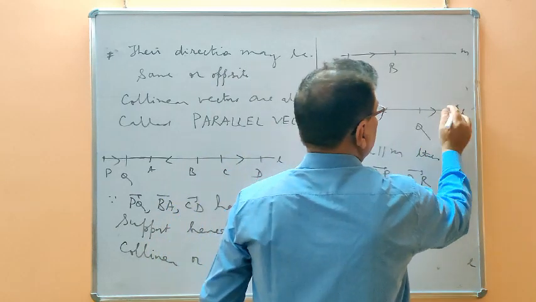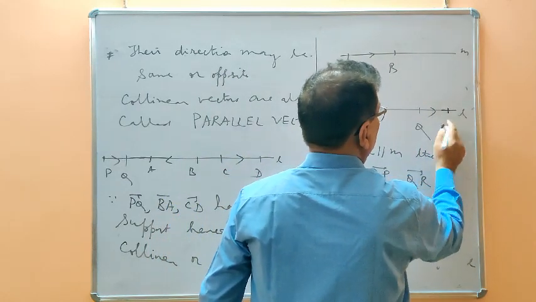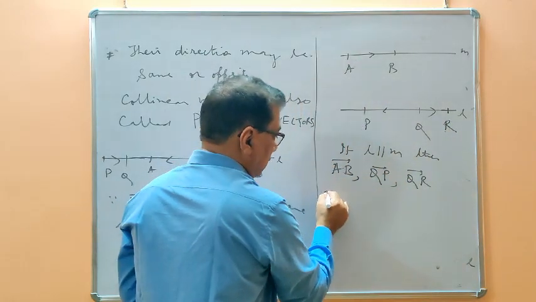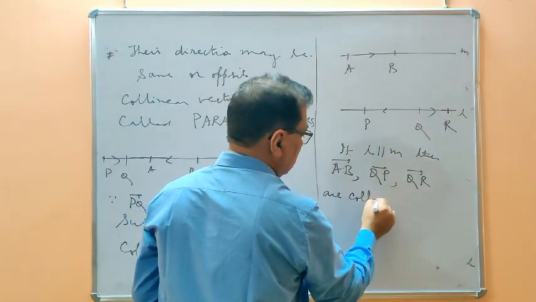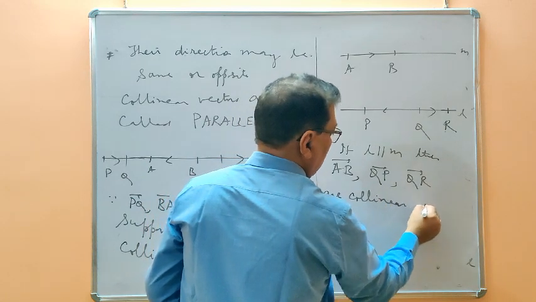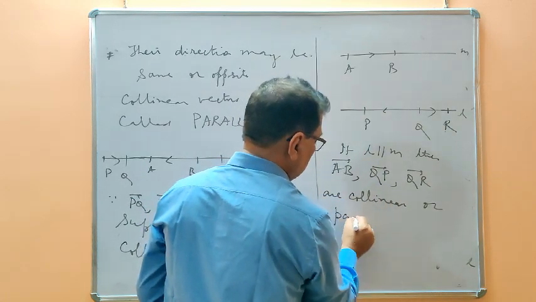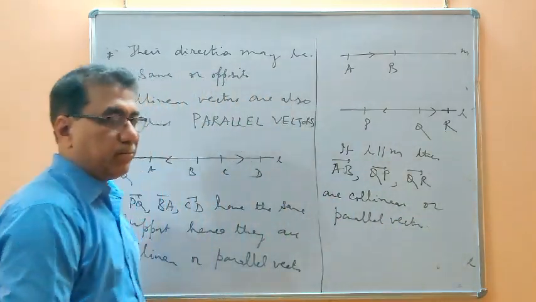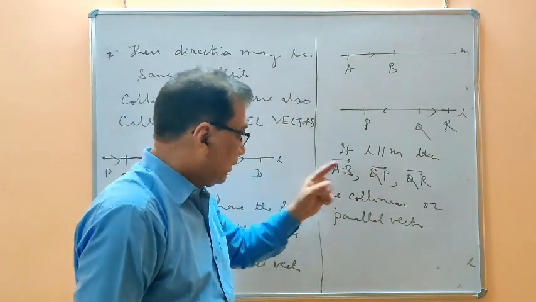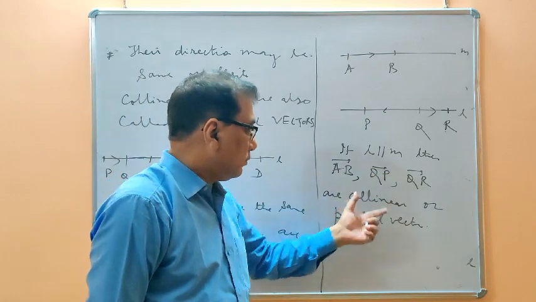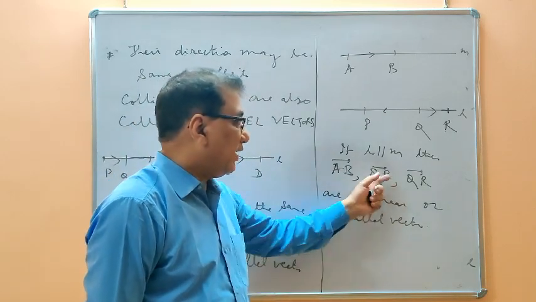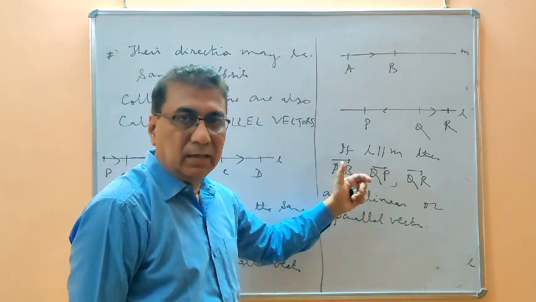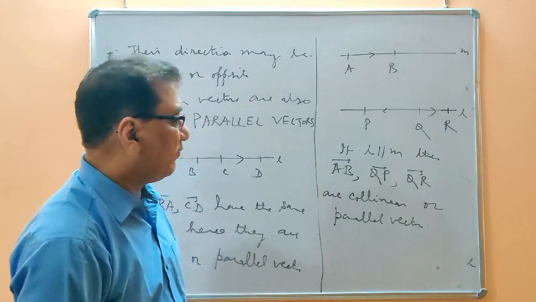Okay, this point is R. These are collinear or parallel vectors. In the collinear vectors or parallel vectors, direction may be different, as you find here. Direction of AB and QP, they are opposite to each other, still they are collinear vectors.